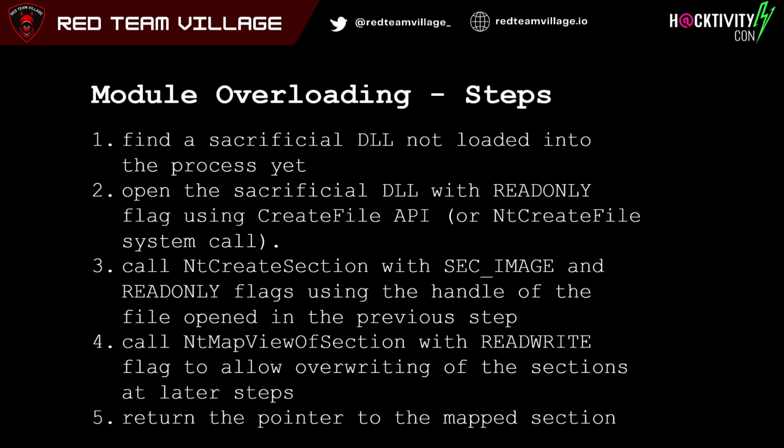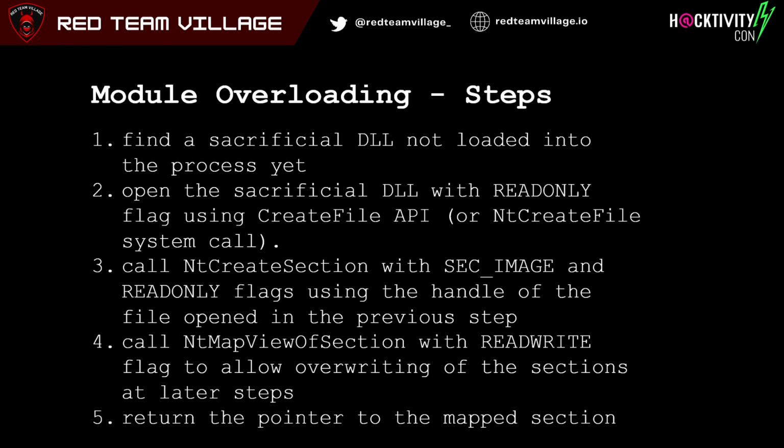Then we open the sacrificial DLL with the read-only flag, and we map it with two syscalls, the NtCreateSection syscall and the NtMapViewOfSection syscall. This time we use the read and write permissions, since we are going to overwrite the content of this memory, so we need also the write permission.